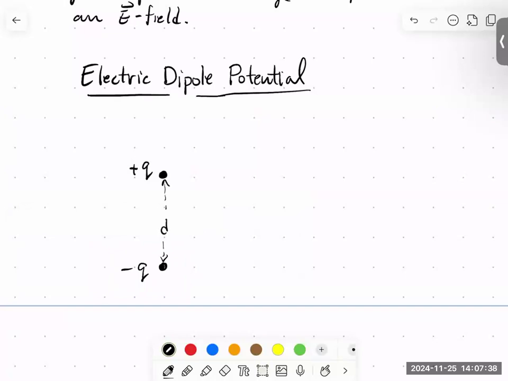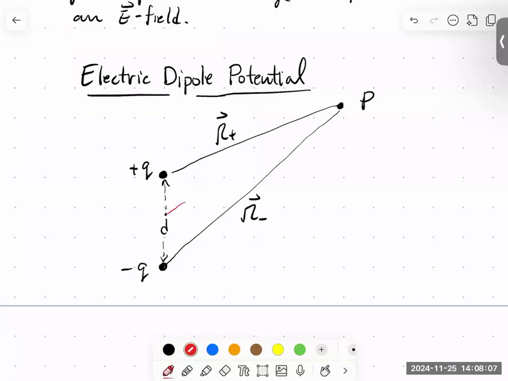We're going to be interested in what is the potential at some point P, maybe sitting over here. I'm going to call script R plus the vector from the positive charge to point P, and script R minus the vector from the negative charge to P. And then from the midpoint, I will make script vector R without a subscript.